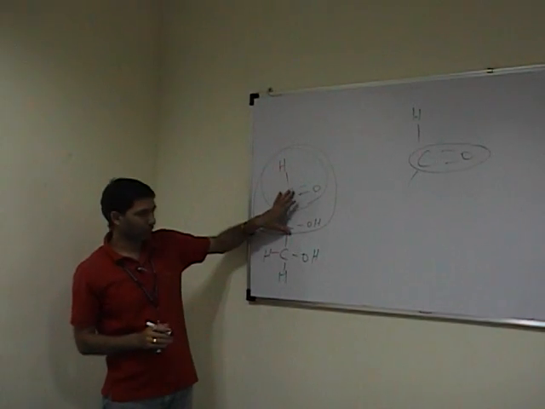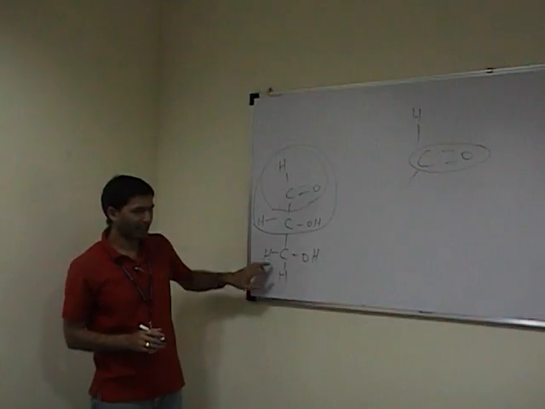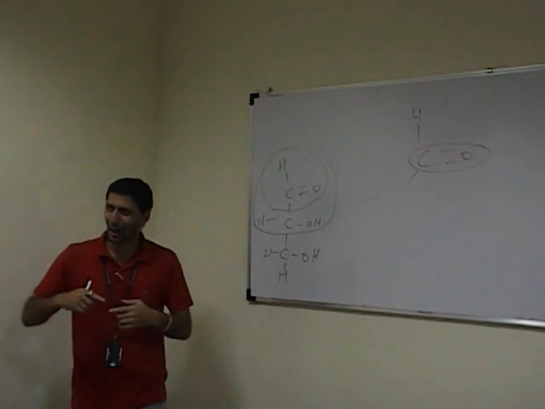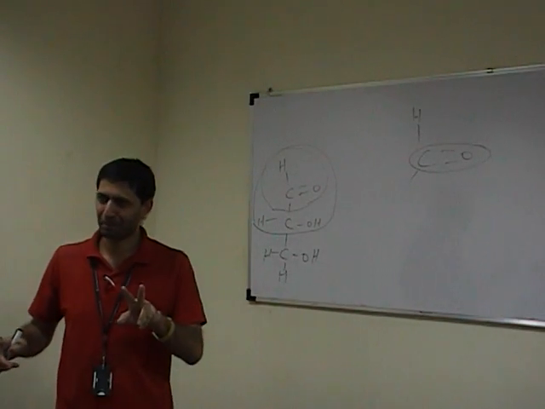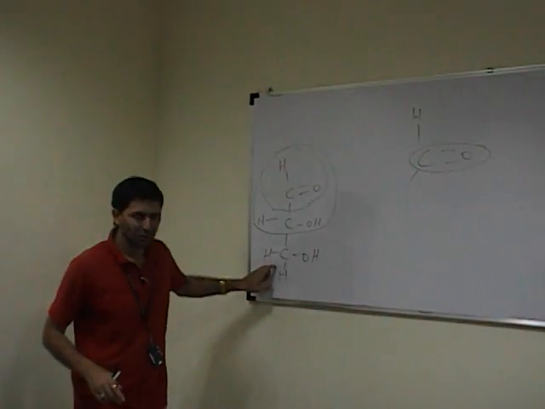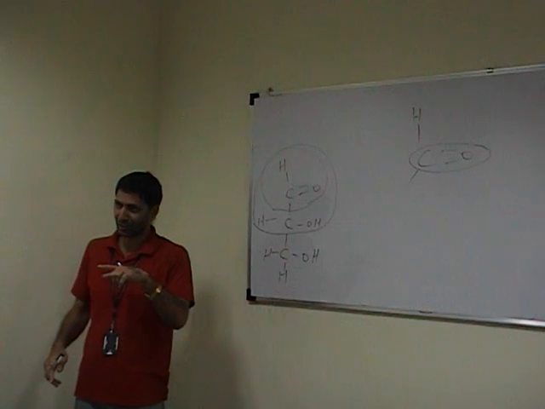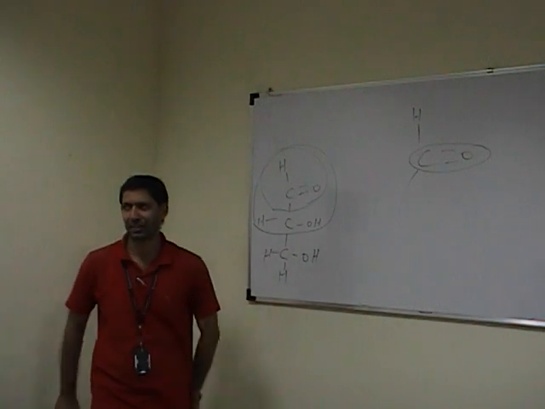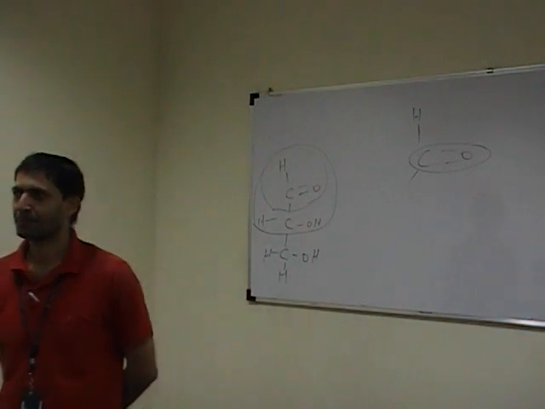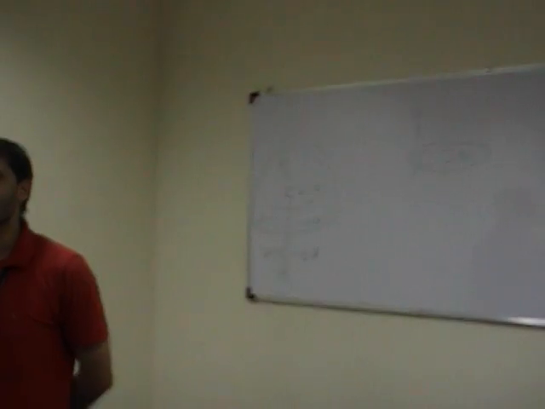So this is a different group, this is a different group, this and this are the same. 4 are not different, 2 are same. It means this carbon is chiral or not? This carbon is not chiral.